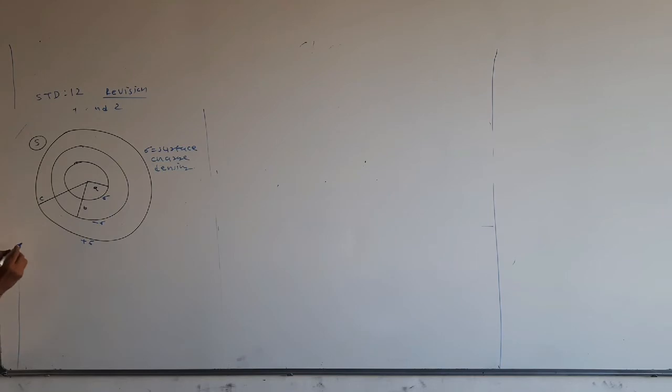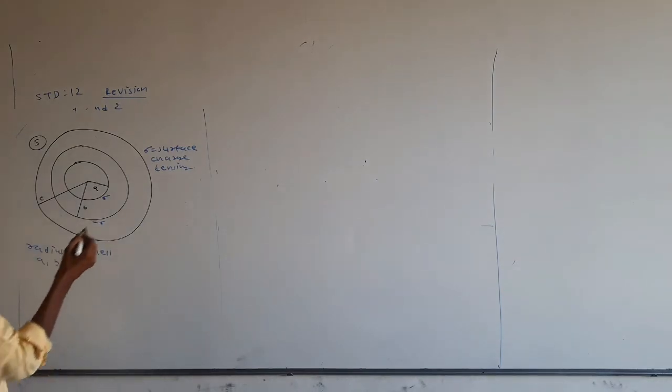The radii of the shells are A, B and C. Now we have to calculate the potential at the center.